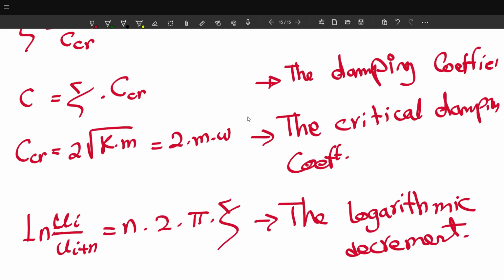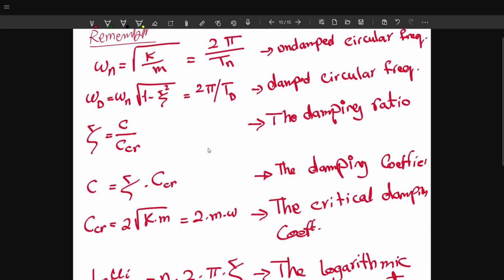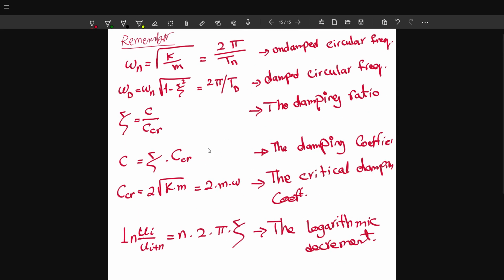So these are the things to remember. I hope that by the end of this class, you can remember all of these equations in front of you, because they are really important and you need to remember them in almost everything you do related to dynamics in general in your life.